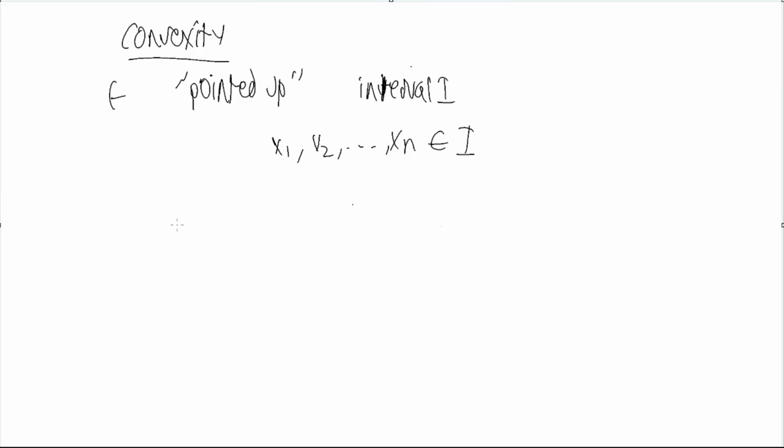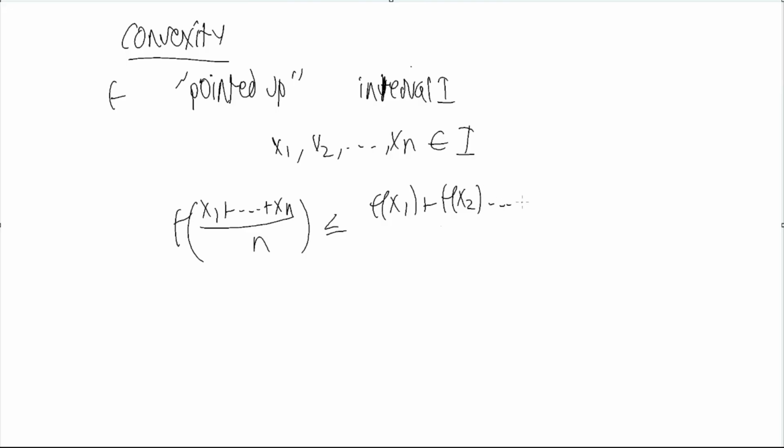Then the following inequality holds: f of (x1 plus all the way to plus xn) over n is less than or equal to f of x1 plus f of x2 plus all the way to plus f of xn, over n.